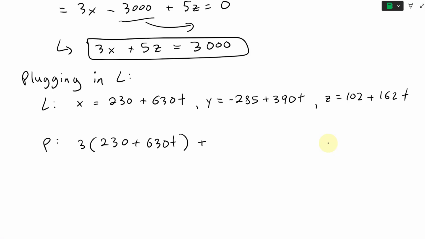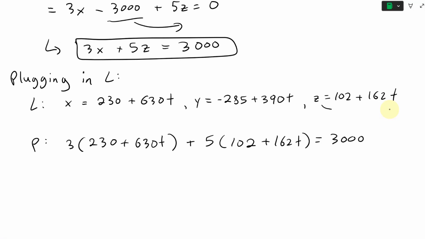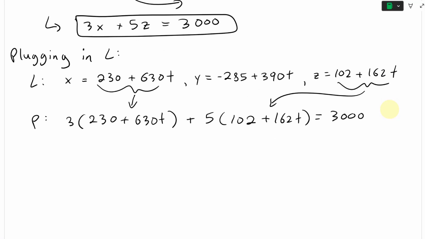And then plus, y is gone, the next one is z, 102 plus 162t equals 3000. All right, so we have this. And let's put an arrow just for completeness. This part goes into here, and then this goes into here. And then the y, there's none. All right, so we have that.